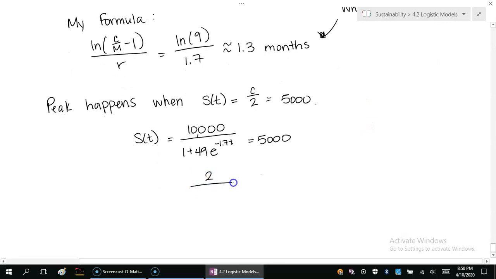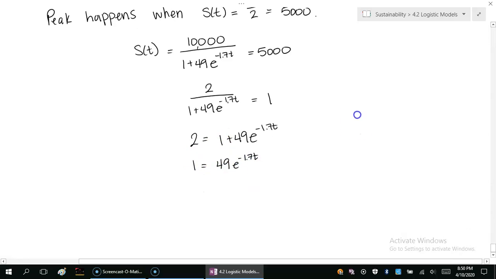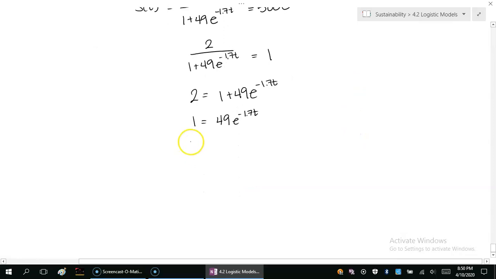I get 2 over 1 plus 49 e to the negative 1.7 t is equal to 1. Multiply both sides by this denominator. 2 is equal to 1 plus 49 e to the negative 1.7 t. Subtract 1. Divide by 49.